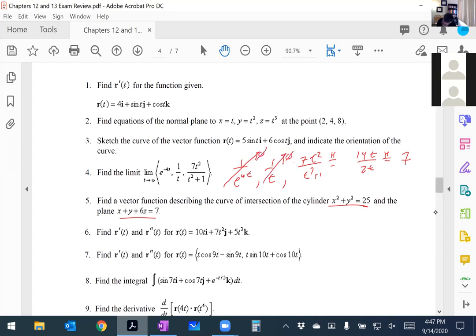Well, that goes to 0. And so this thing goes to 7 as t goes to infinity. Okay, so you get 0, 0, 7. Okay, others?